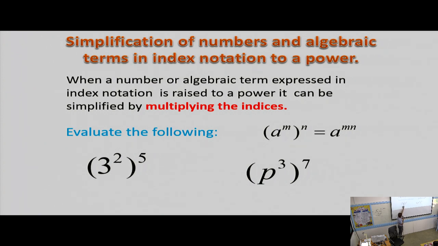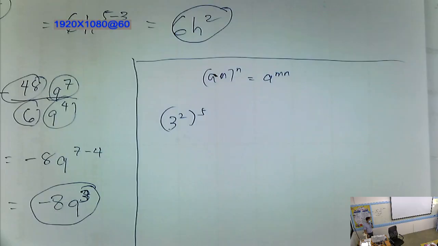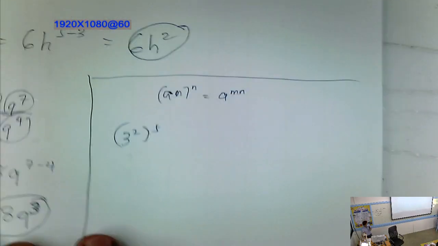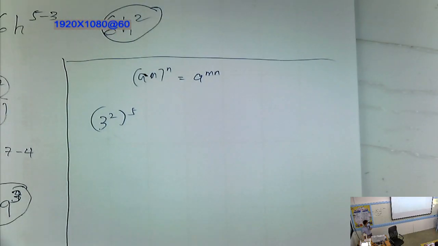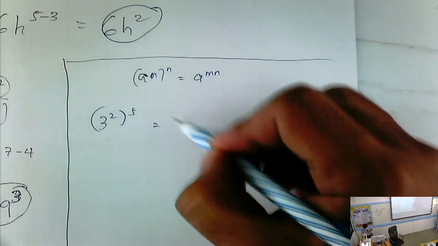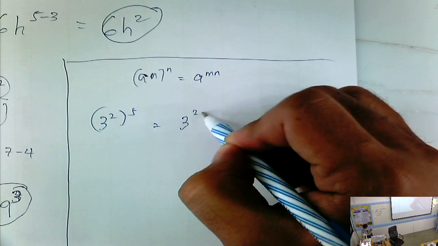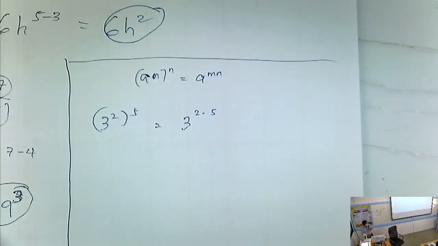So 3 to the power of 2 to the power of 5 is the same as 3 to the power of 2 times 5.